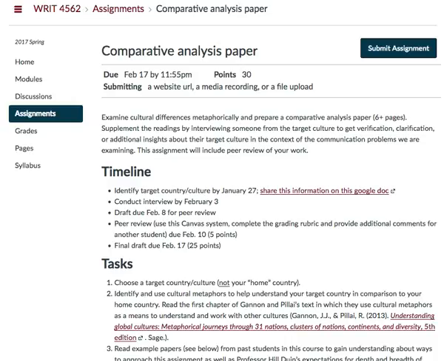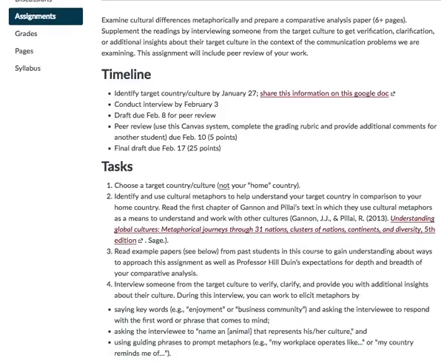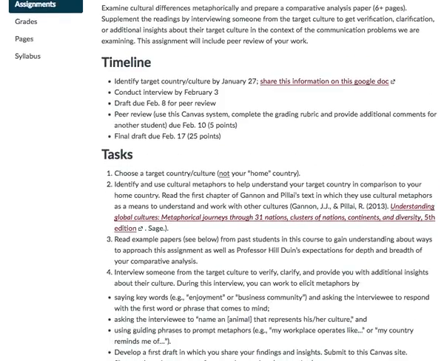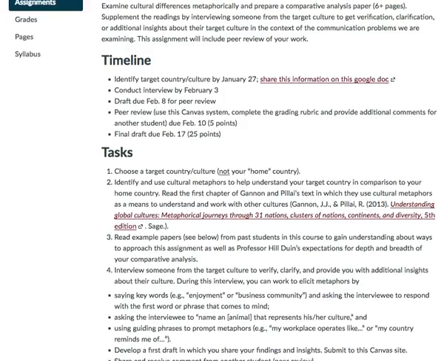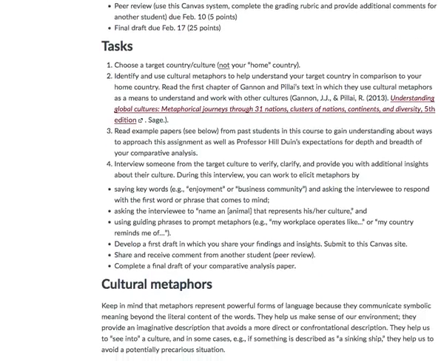In past sections of this course, I've required that text, but because so much of it is in depth about several dozen countries, students in their feedback have indicated the most important chapter was this first one, which we do have access to here. Please read the example papers from past students to understand how to approach this assignment. Again, interview someone, and I just give some advice here as to how you might elicit metaphors. I give some examples here.